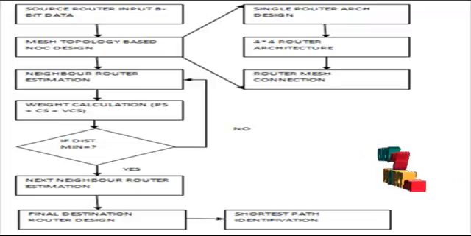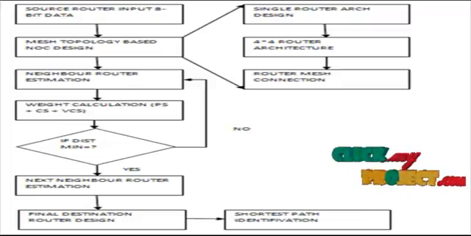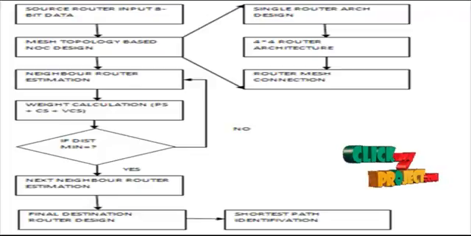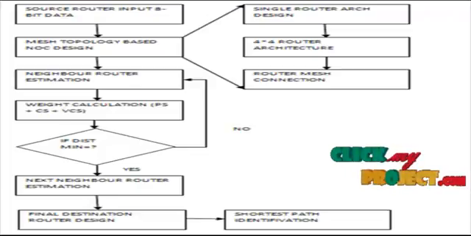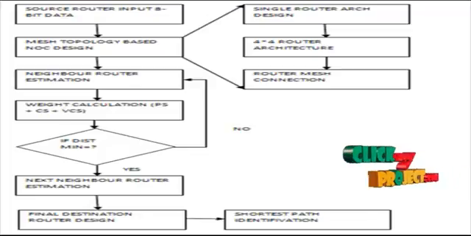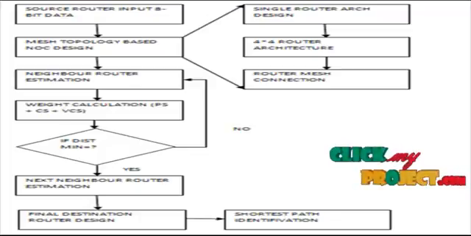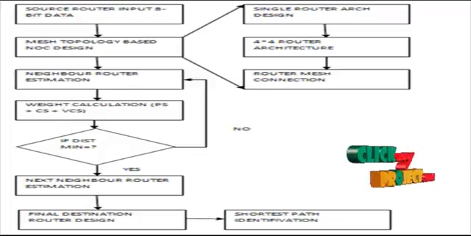This logic is designed by the single router architecture design and processes the neighbor node estimation for overall router conditions. One source node is allocated to each of two or three neighbor nodes. These neighbor nodes are allocated for the next data transmission.